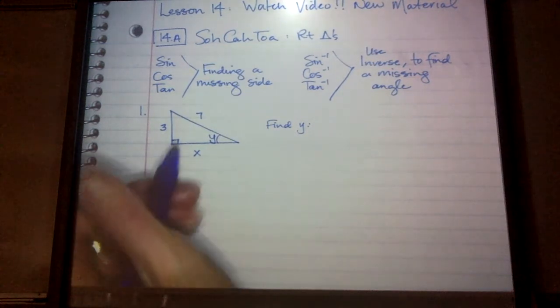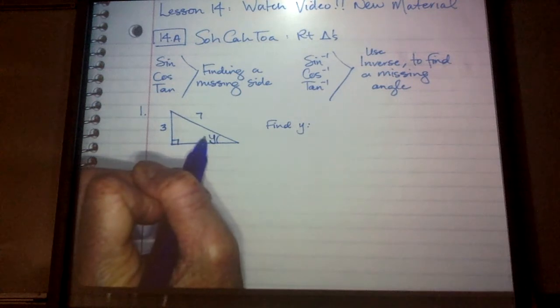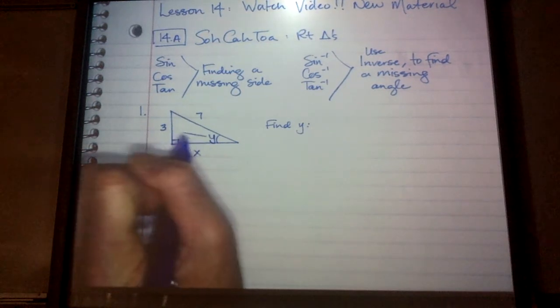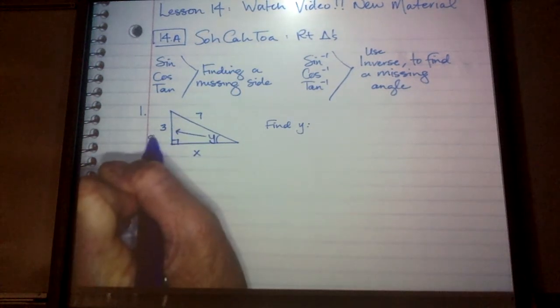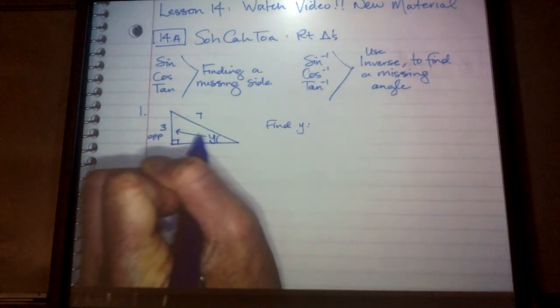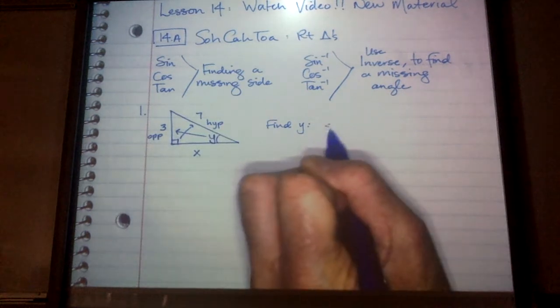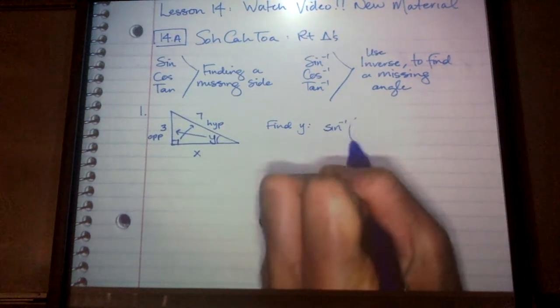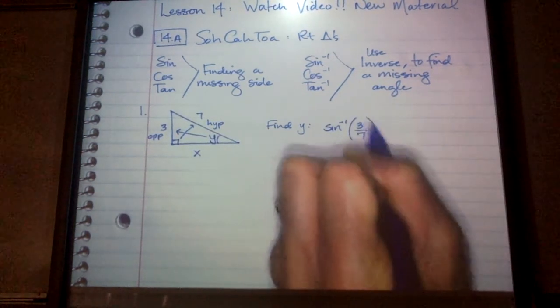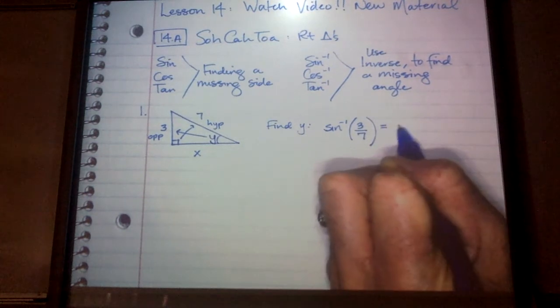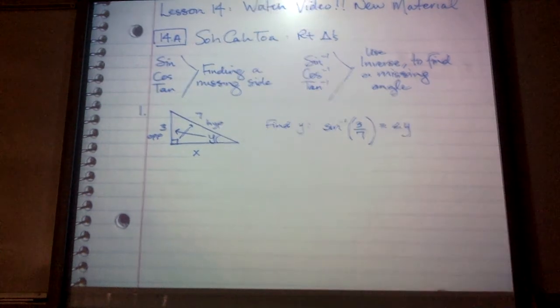So if I was to label this, I'm going to use the two sides, right? That is opposite, and this right here would be hypotenuse. So the sine inverse of 3/7 would equal angle Y.